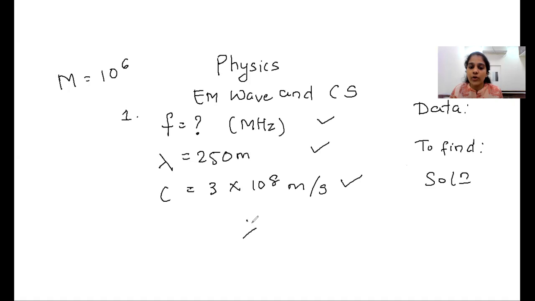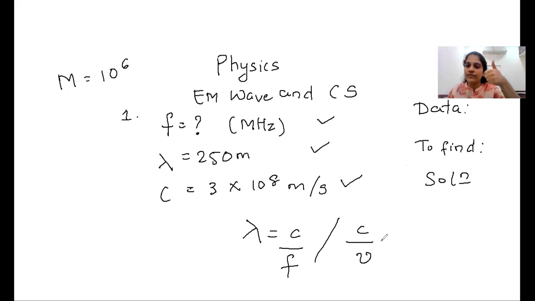See, students, I have told you multiple times, remember this formula: lambda is C by F. Again, in your textbook, wherever frequency is present, they have denoted it as mu, so stick to mu only. Lambda is nothing but C by mu, where lambda is wavelength, C is the speed of light or speed of EM wave in vacuum, and mu is the frequency. This formula you all have to remember.